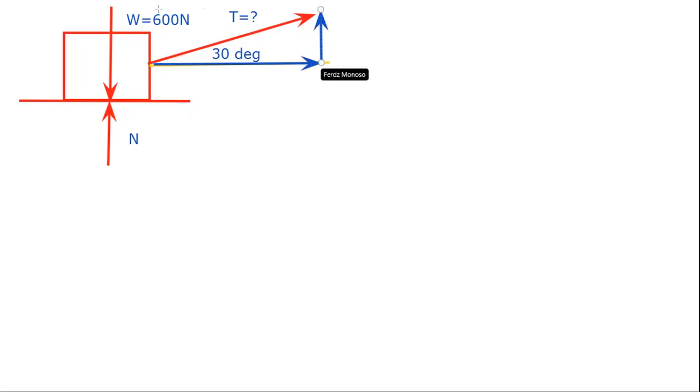So we call the horizontal component Tx. And T sub x is T cosine of the angle 30 degrees. While T sub y, the vertical component, is equal to T, tension, sine of 30 degrees. If you want to substitute the value 30 degrees there, you may do so.